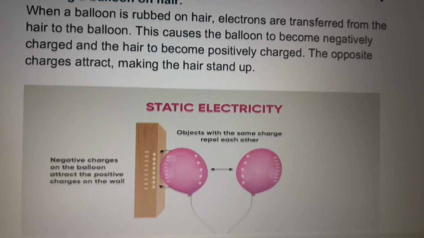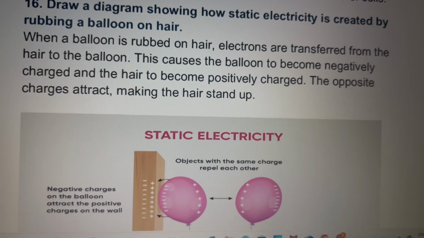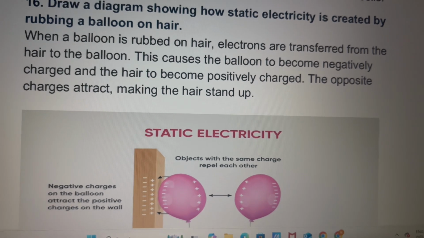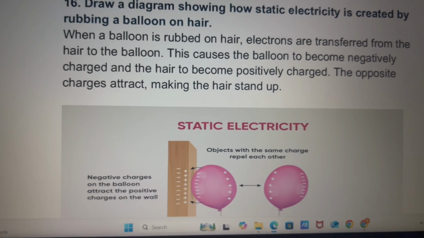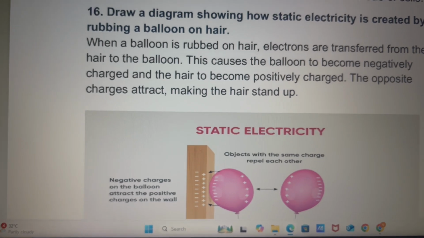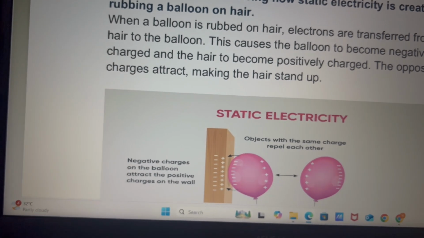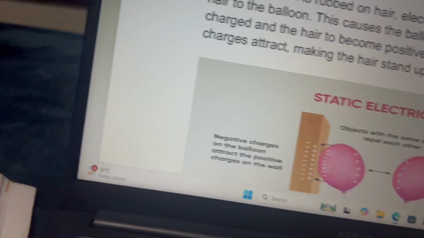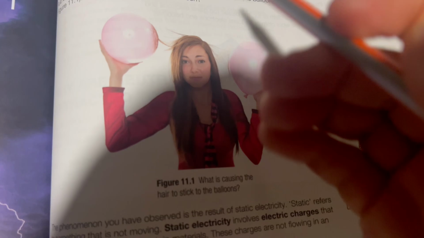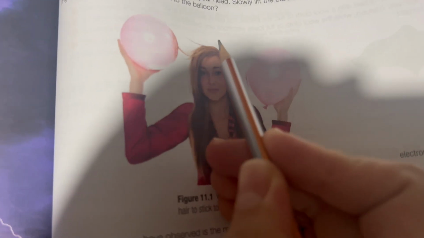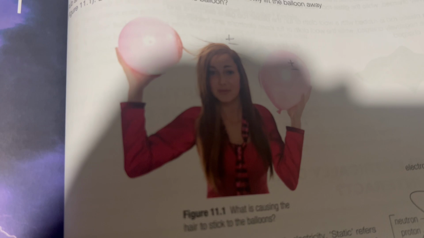Okay, here you have static electricity. What's going on exactly in this diagram? You rub the balloon against your hair, or against something that has negative electrons. When you rub it, you had some positive and negative charges here and positive and negative here.